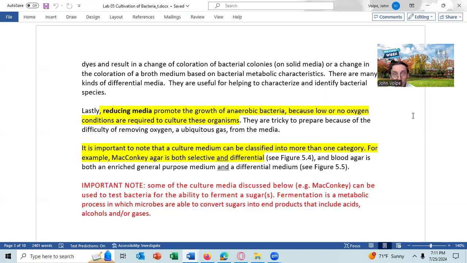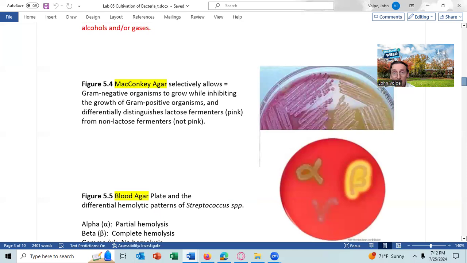It's important to note that a culture medium can be classified into more than one category. For example, McConkey's agar is both a selective media and a differential media. Blood agar is also both a differential media and an enriched general purpose media. Any question about any of that?